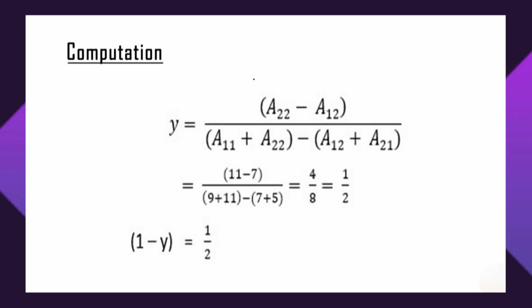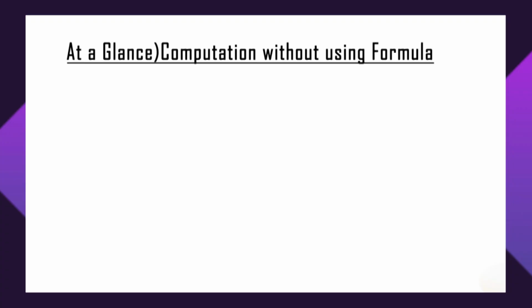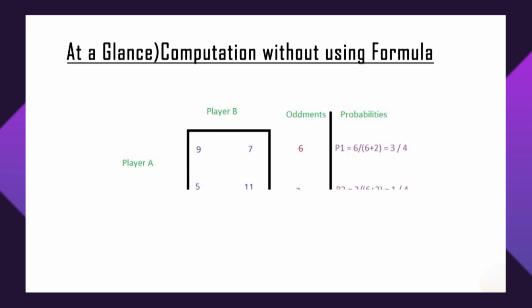6 is the favorable element, and next the denominator is the total cases, favorable cases and total cases. Total cases deals with favorable and non favorable, that is 6 plus 2. Again we have the value 3 by 4 and 1 by 4 in the column, which on adding we have 1.